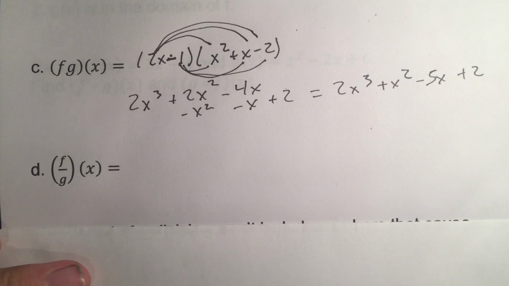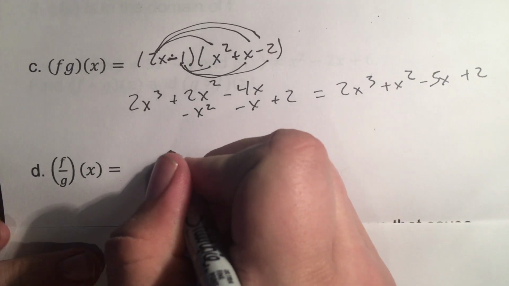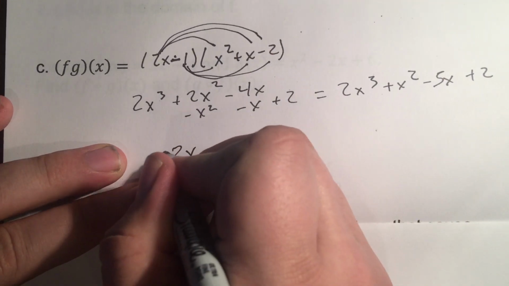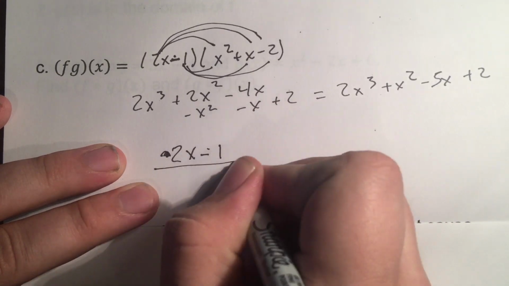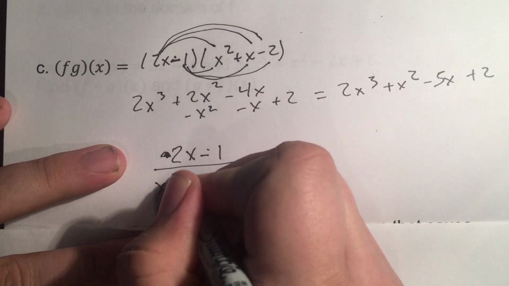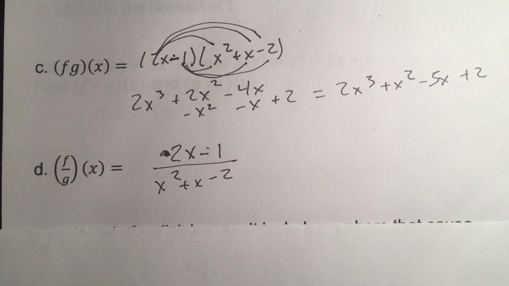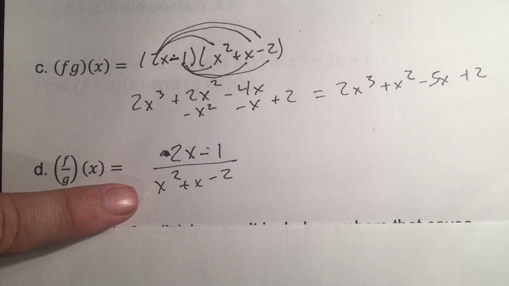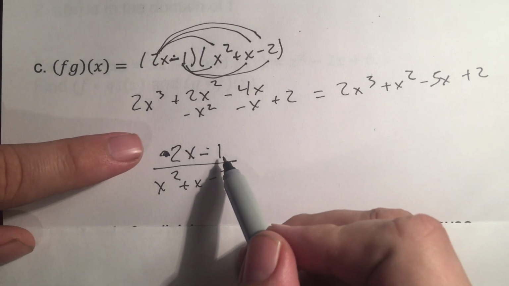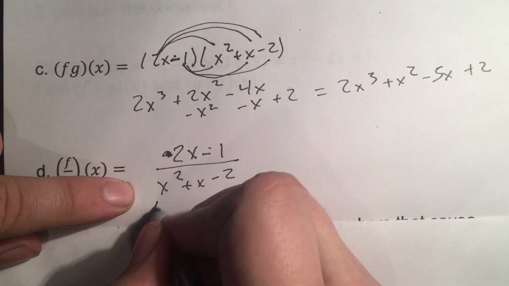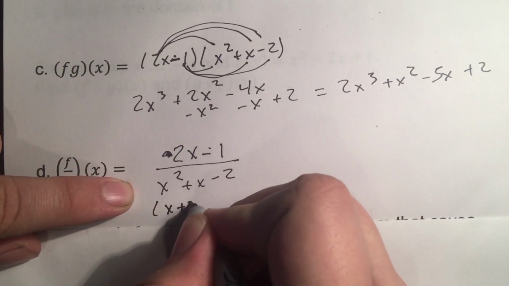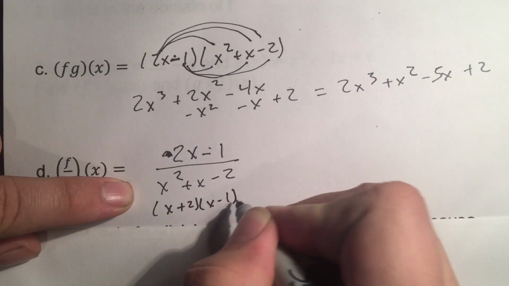Now, when it comes to division here, we're going to have 2x minus 1 over x squared plus x minus 2. Generally, that's all you're going to have to do with it, because this bottom would factor out to x plus 2, x minus 1.